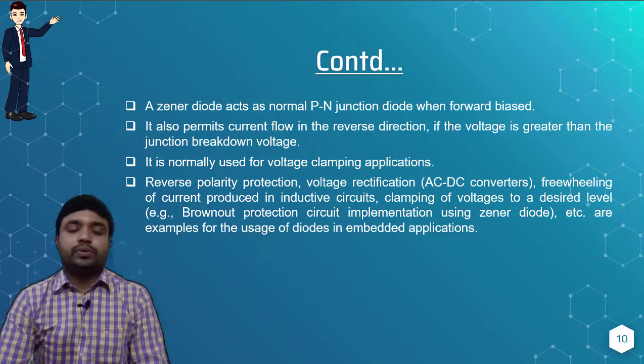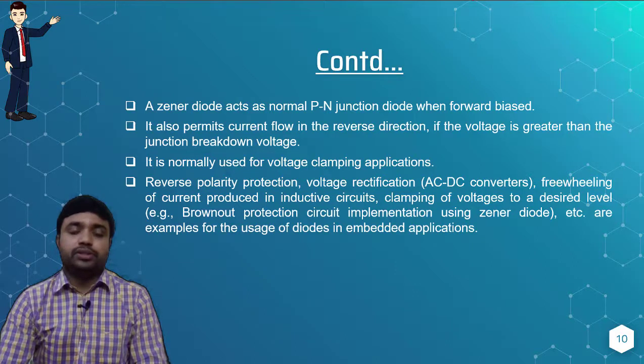Next, it also provides some important application functionalities, that is reverse polarity protection, voltage rectification, freewheeling of current produced in inductive circuits, and clamping of voltages to a desired level. Clamping of voltage to a desired level, that means we can also consider one example, the real-time implementation of a brownout protection circuit using a Zener diode.